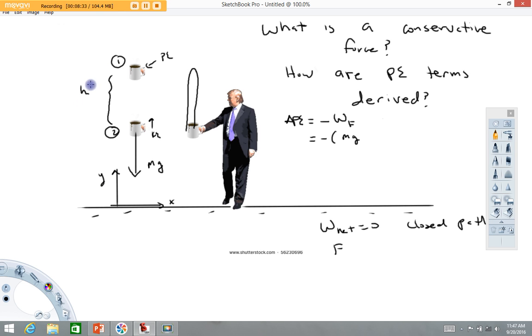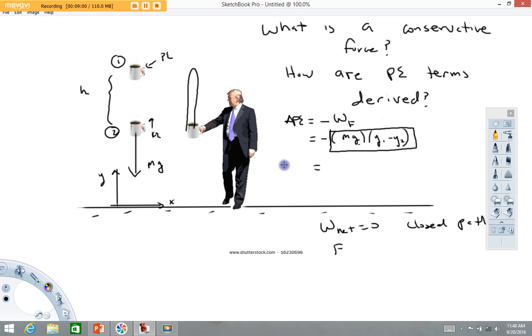This distance h would be y1 minus y2. So force mg, distance h: this term is the work done by the gravitational force as it moves from 1 to 2, and it would be positive because the force is down and the displacement is down. And that's equal to the negative of the change in potential energy for the cup.